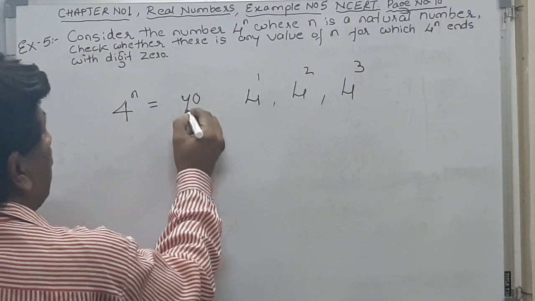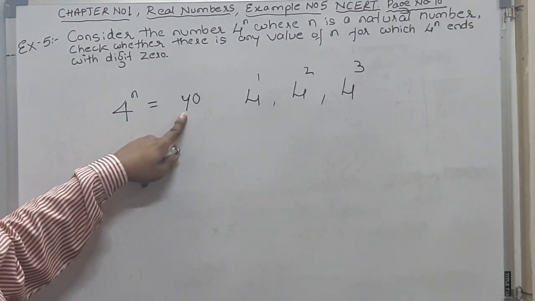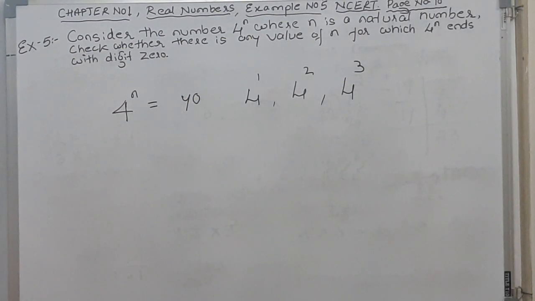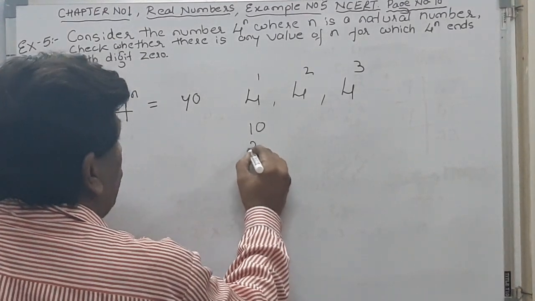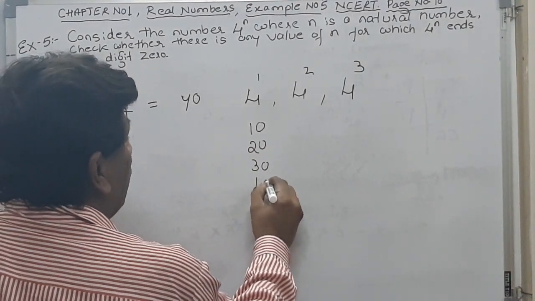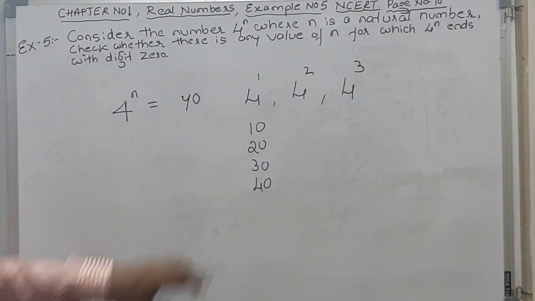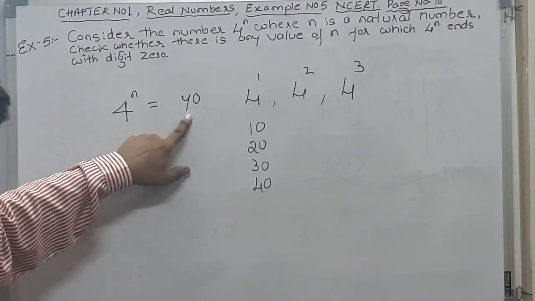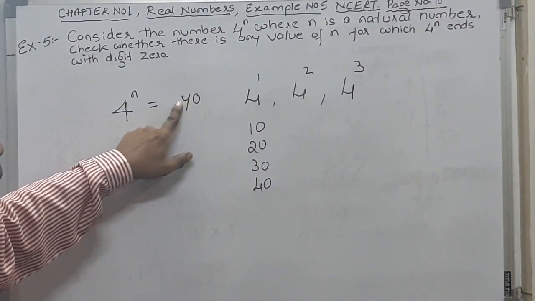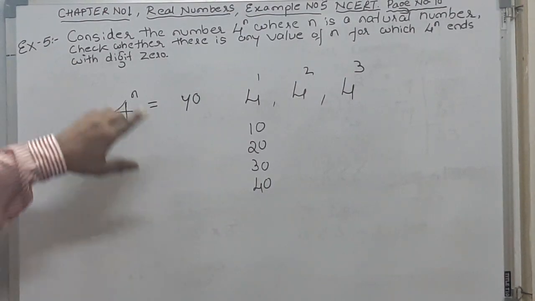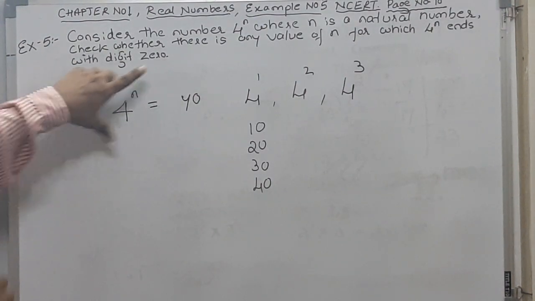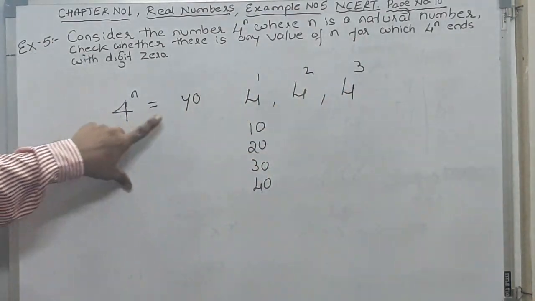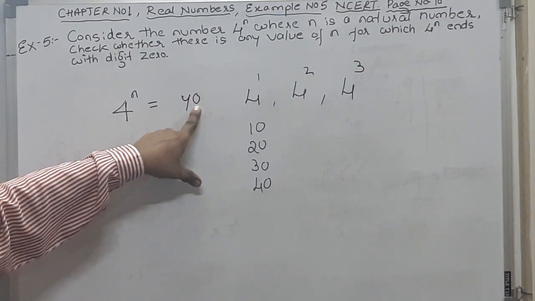Consider whatever the number may be, for example 10, 20, 30, 40, like this, but it ends with 0. For any value of n, this value should end with 0.